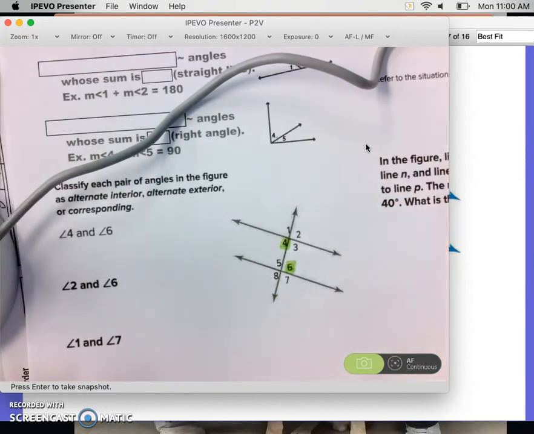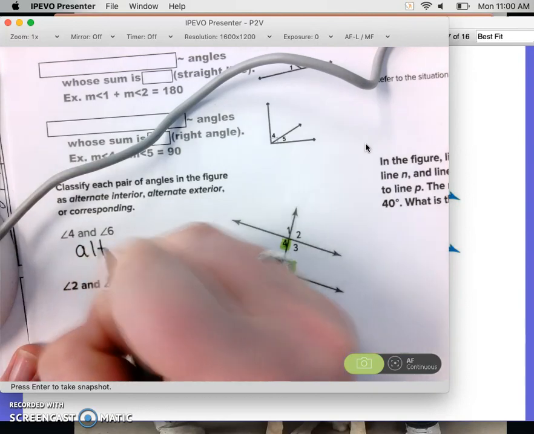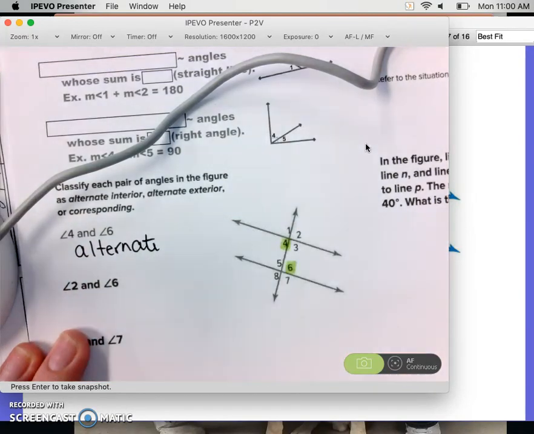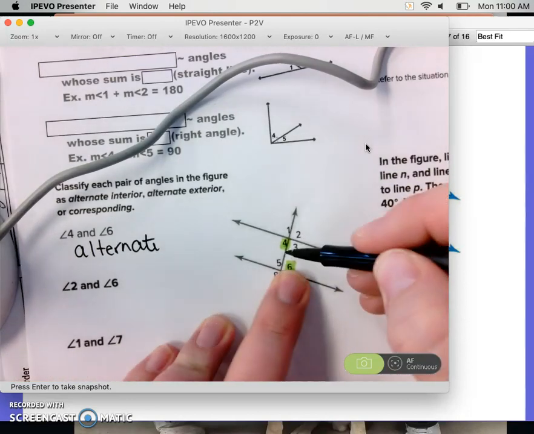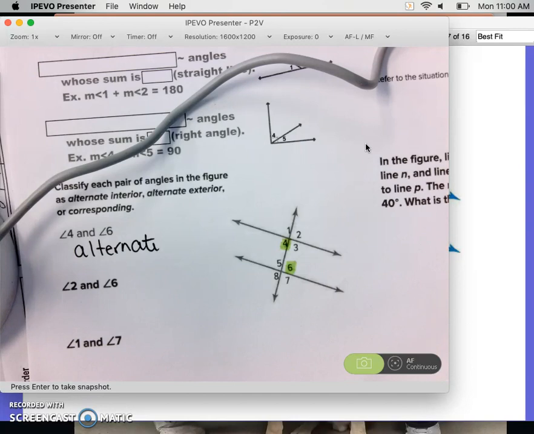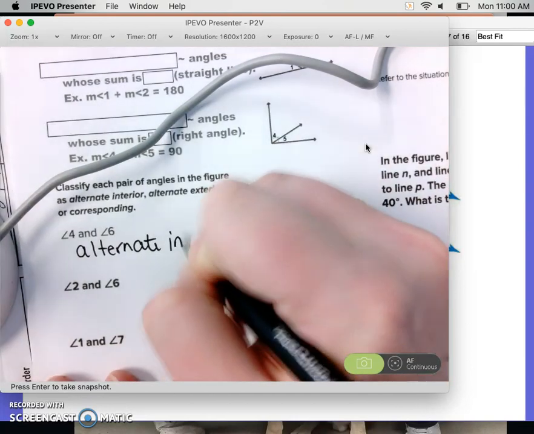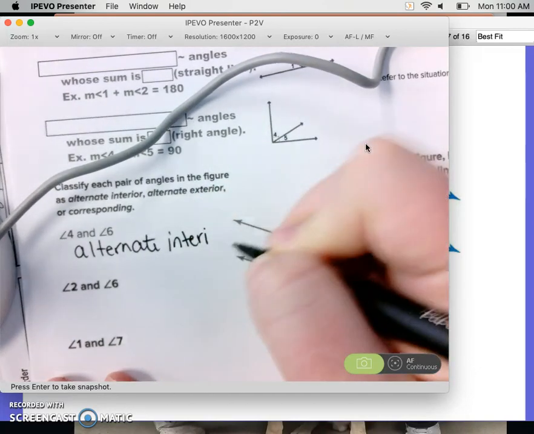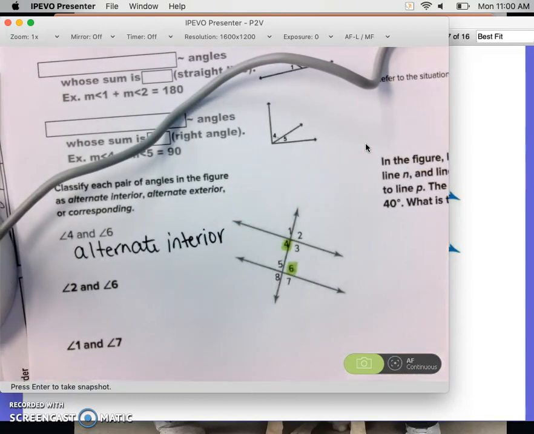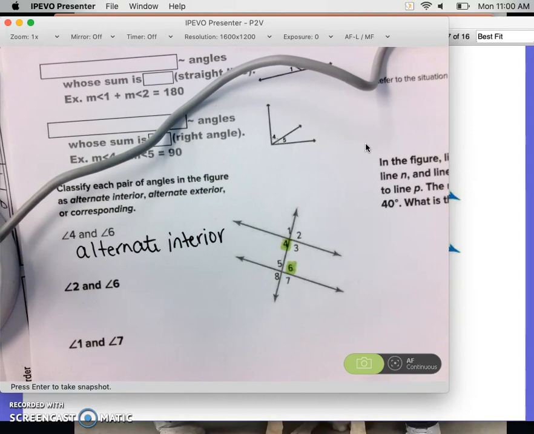They're on alternate sides, so they'd be alternate. And are they inside my parallel lines, or are they on the outside? Well, they're inside, so it would be interior. Okay? So they're opposite, they're inside, so they're alternate interior.